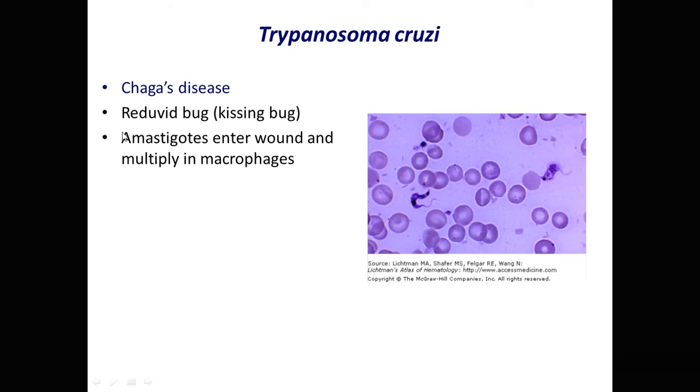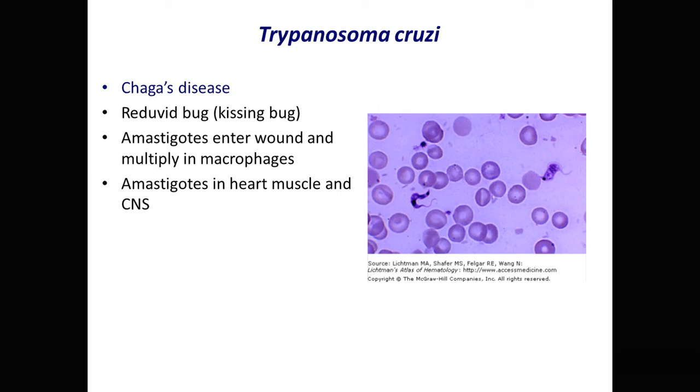So Trypanosoma cruzi, Chagas disease, is transmitted by the reduviid bug, the kissing bug, and the special stage, amastigote, enters the bite site, but this bug transmits the parasite through feces. When it bites the person, pruritus develops. The person starts itching, and while feeding on blood, this bug defecates and releases parasites.